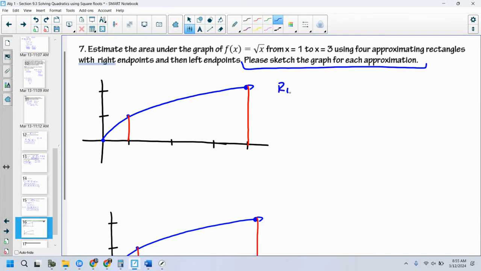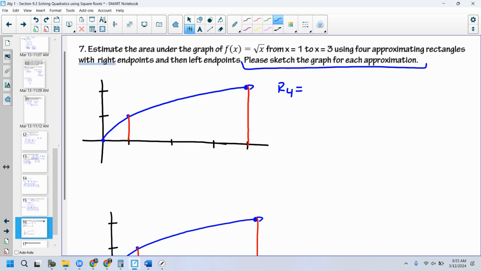Now, remember, R4, there's really 2 ways to set this up. I think in the key for the homeworks, I had put delta x all the way in front. You can either put delta x with every y value, because that's the width of each strip, or factor it all the way out.